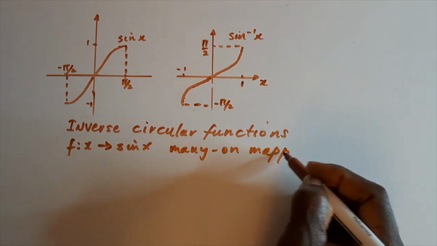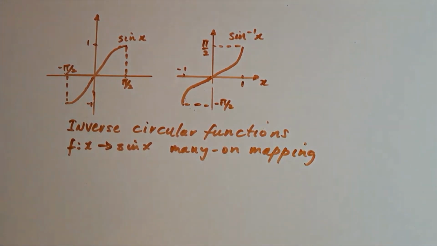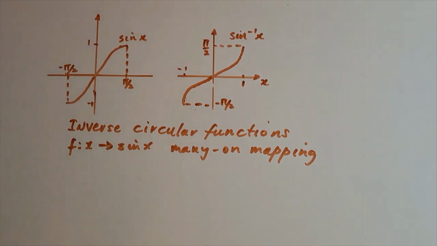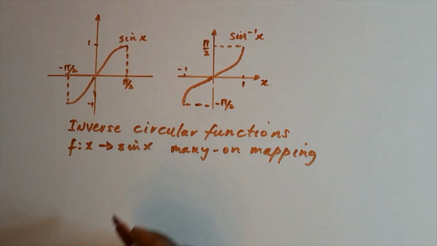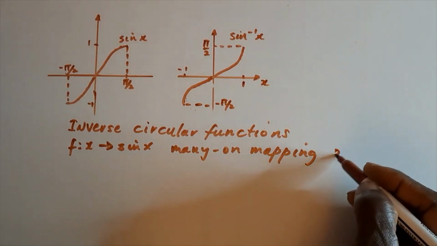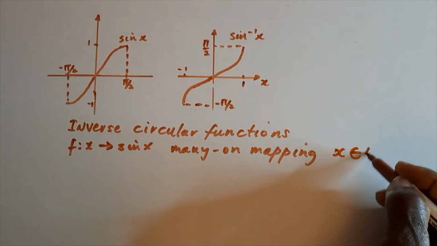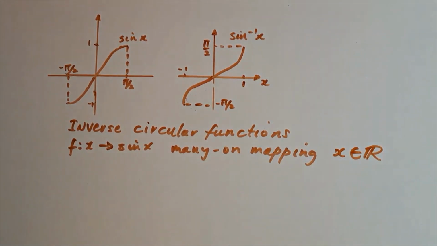And by that I mean it would not get a unique value for each input or independent variable, and conversely you won't get a unique value for the inverse mapping back to the input. So there's no inverse mapping here if you just map x to sine x, and that's using the domain x belonging to the set of real numbers.